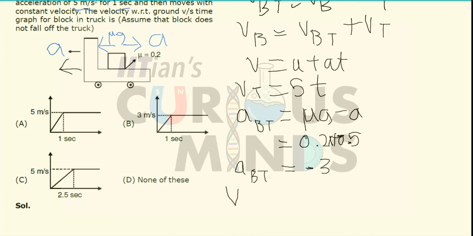So for the final velocity of the block with respect to truck, we will again use v is equal to u plus at. Again the block is at rest with respect to the truck initially. So it will be equal to minus 3 into time t.